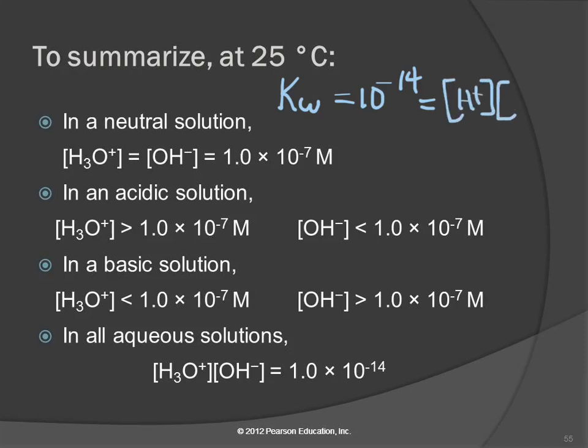That's the hydrogen ion concentration times the hydroxide ion concentration. So if this one goes up, then that one has to go down in order for them to still be equal. In a basic solution, the hydrogen or hydronium ion concentration will be less and the hydroxide ion concentration will be high. But in all of those, the hydronium times the hydroxide is 10 to the minus 14.